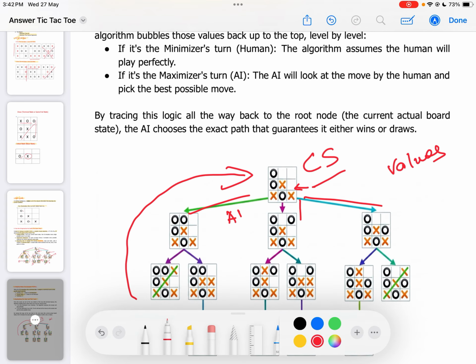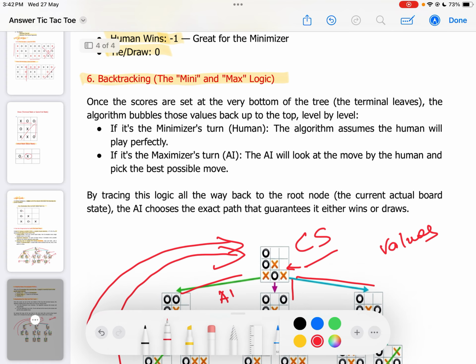Then it comes back, backtracks. That's what this says. Once the scores are set at the very bottom, till the final terminal state, the algorithm bubbles those values back to the top. So it brings back the values.